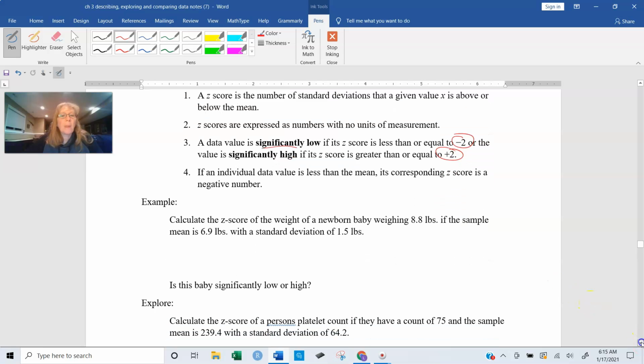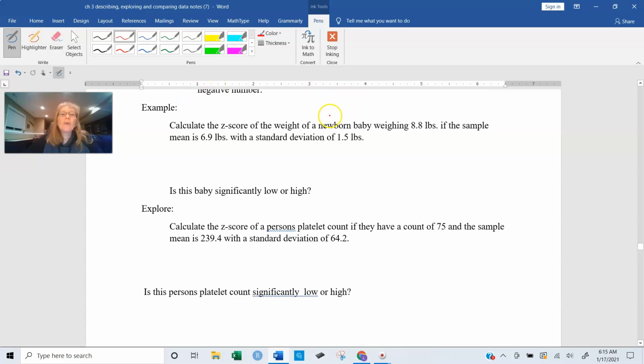So let's move on. I want to calculate the z-score of the weight of a newborn baby that weighs 8.8 pounds. This is its weight, so this is x. Oh, I should have had a capital X there. Now, if the sample mean is 6.9 and the standard deviation is 1.5, we take the 8.8 pounds, we subtract the mean, which is 6.9, and we divide it by our standard deviation of 1.5.